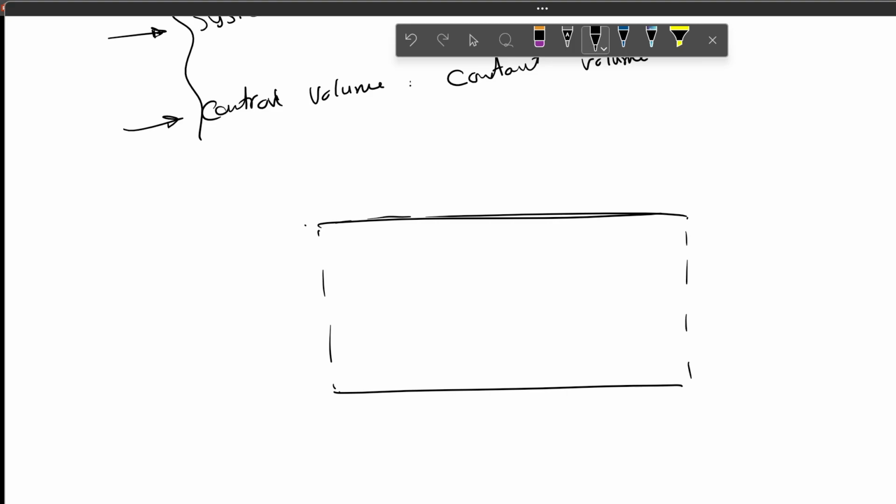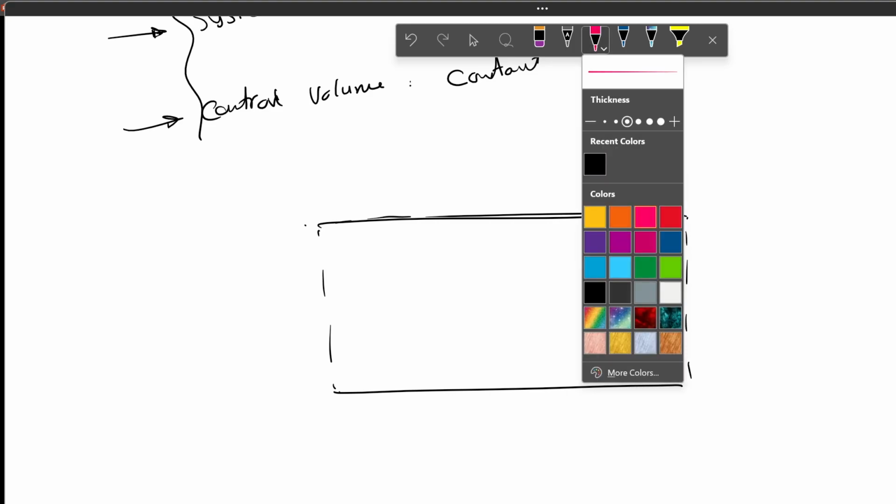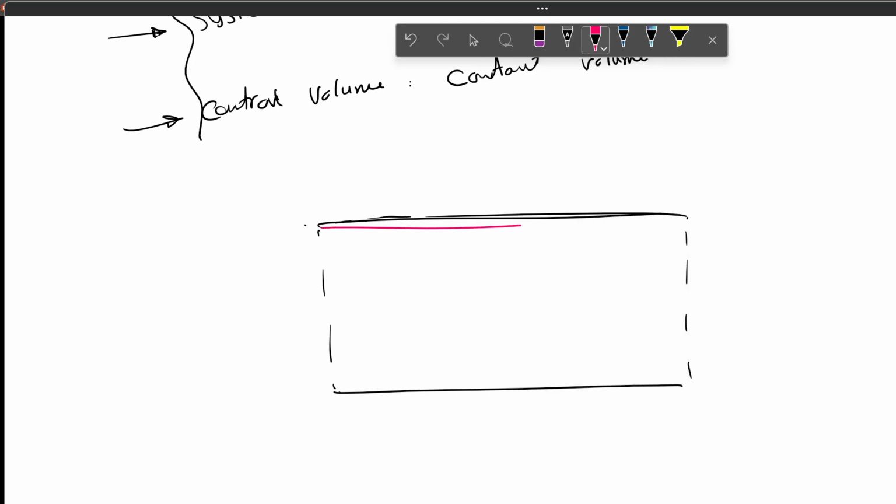At time 0, I have a mass inside this volume, right inside this duct, and it is moving in this direction. What is going to happen to this selection, the red one, at time t1?